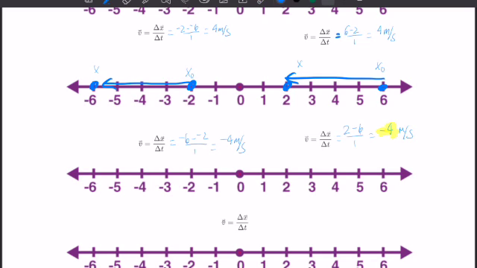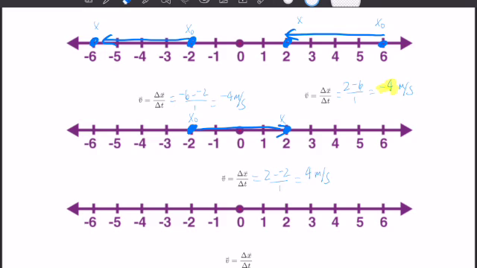Down here, we'll start with a position of minus 2, and we'll head to a position of plus 2. So we have our initial position and our final position. And we end up with 2 minus a minus 2 over, let's say it occurred in 1 second. Well, we end up with 4 meters per second. The arrow is pointing toward positive values.